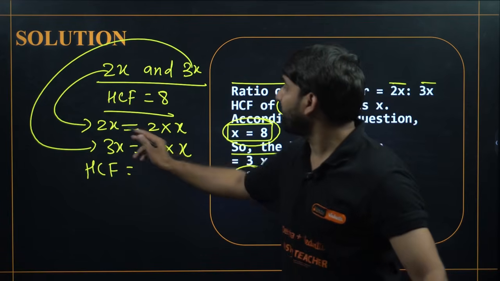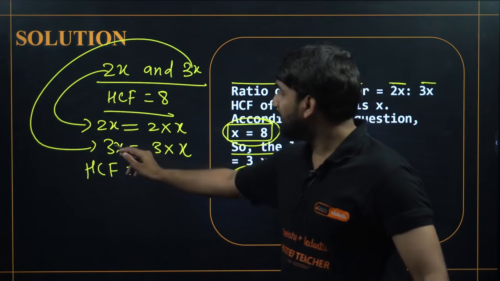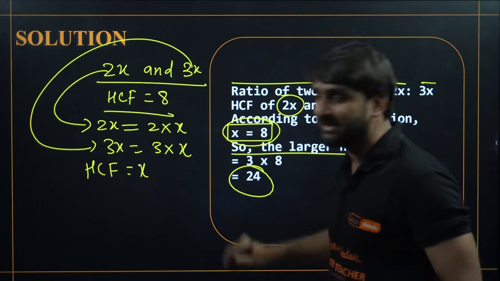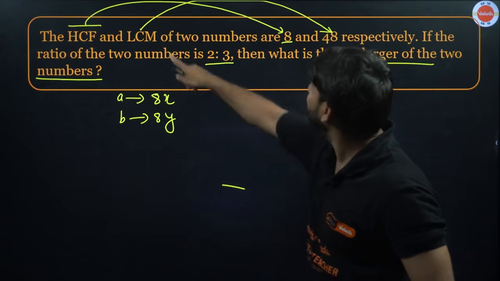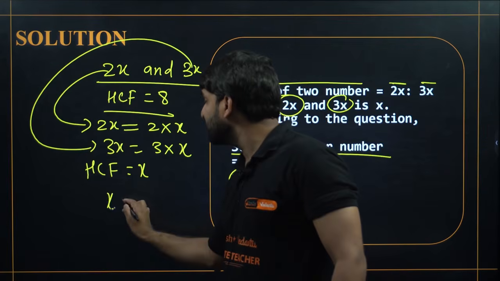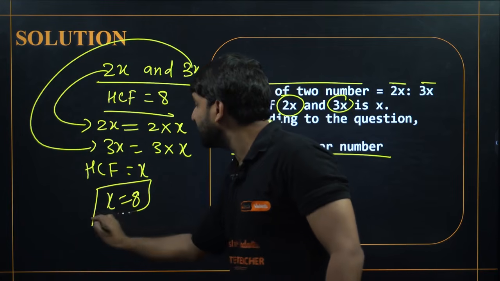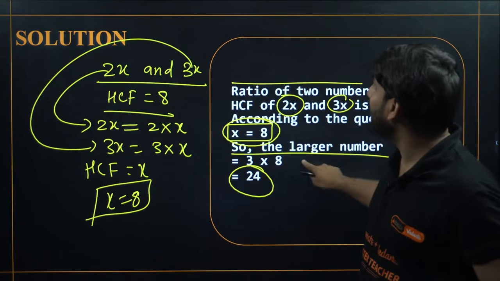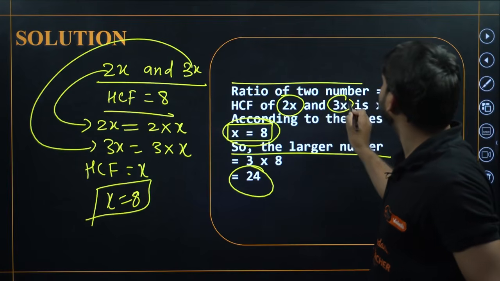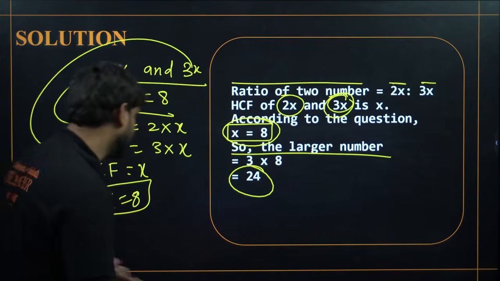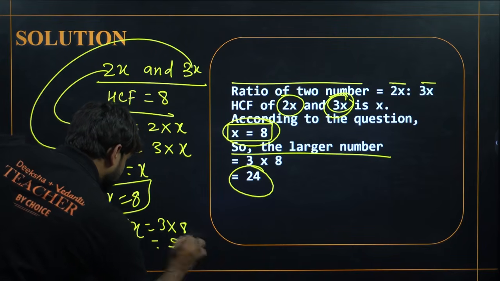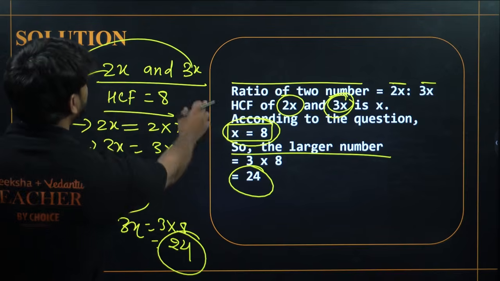So in the prime factors of 2x, 2 into x, and 3x, 3 into x, x is common. That is why x is the HCF, and in the question HCF is already given as 8. It means x is equal to 8. In 2x and 3x, the larger number is of course 3x, so 3 into 8 is equal to 24. This is the answer. Okay, moving to next question.